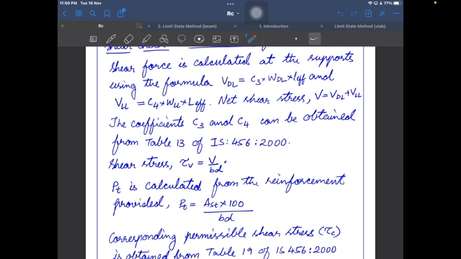For dead load we have different coefficients and for live load different coefficients, from the first table, along with L effective.